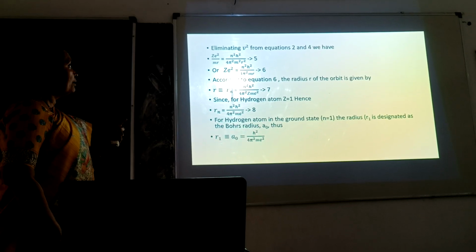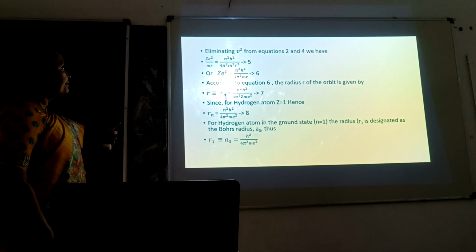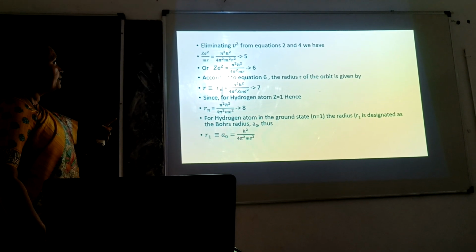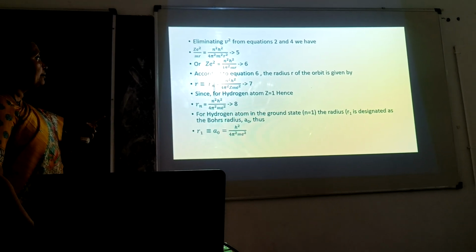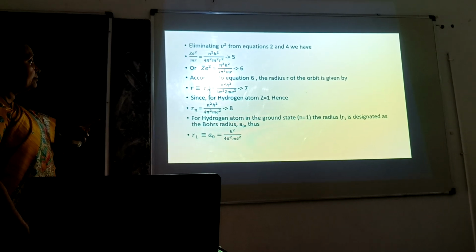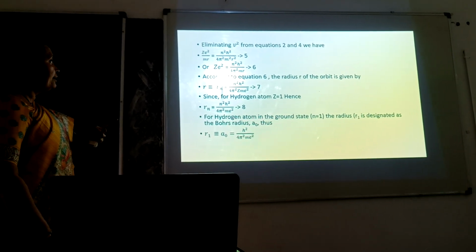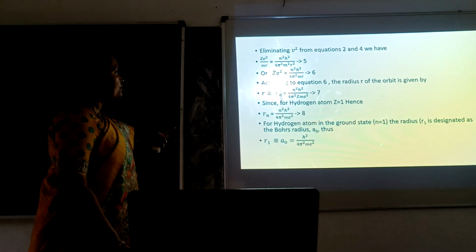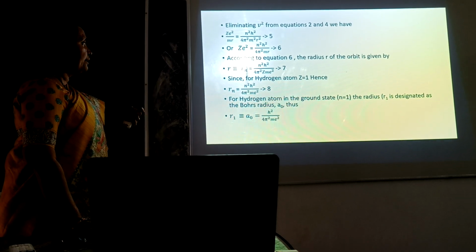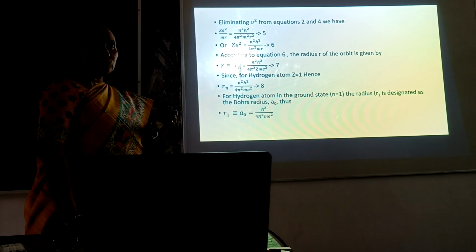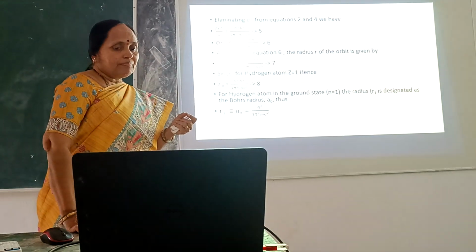r equal to rn, that is n squared h squared by 4 pi squared Z m e squared. For hydrogen atom, Z is equal to 1. When I substitute Z equal to 1 for the hydrogen atom, the radius of the nth orbit can be given as n squared h squared by 4 pi squared m e squared.